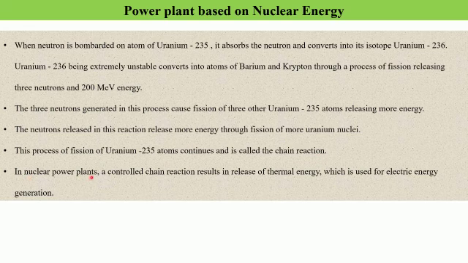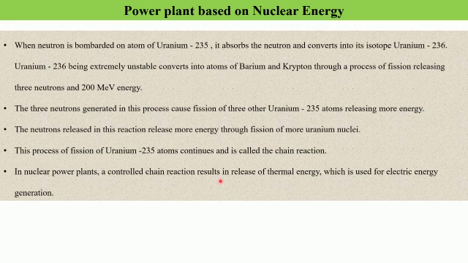In nuclear power plants, a controlled chain reaction results in release of thermal energy, which is used for electric energy generation. So in nuclear power plants, a controlled chain reaction is brought about. That is, extra neutrons are removed. For removing excess neutrons, we make use of cadmium rods.